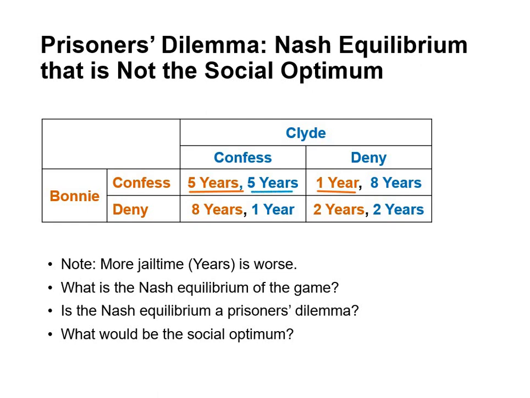And the last question would be, if Clyde thinks that Bonnie denies having robbed the bank, shall Clyde confess and go to jail for 1 year, or deny and go to jail for 2 years? And of course, 1 year is again better. So we can see, if we play that game, the equilibrium is that both will confess.